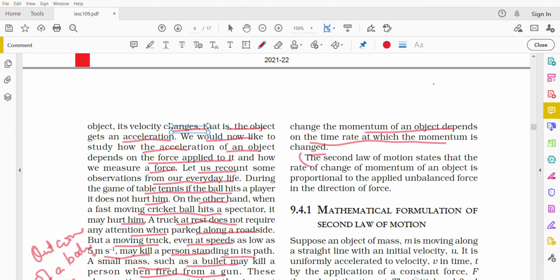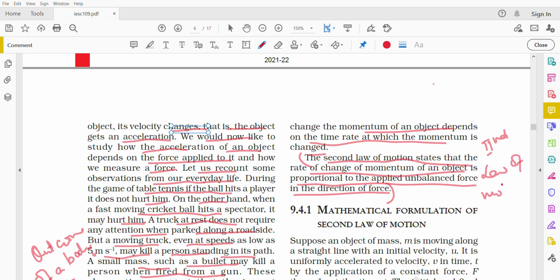Now finally, the second law of motion states that the rate of change of momentum of an object is proportional to the applied unbalanced force in the direction of force. This is your second law of motion.